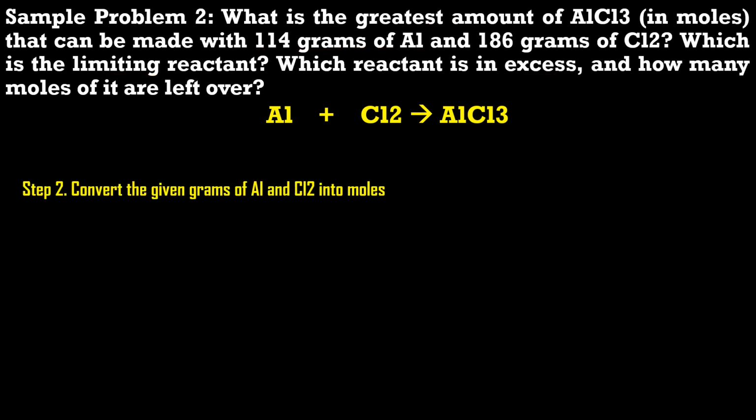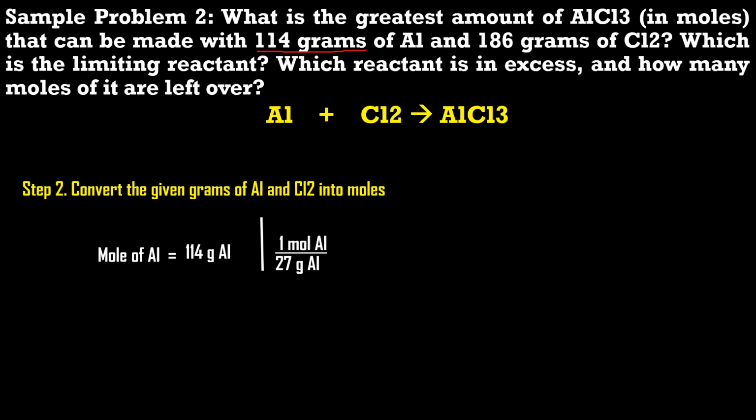So we have step number 2, wherein we will convert the given grams of aluminum and Cl2 into moles. For the moles of aluminum, these are the values we will be using: 114 grams aluminum, multiplied by 1 mole of aluminum over 27 grams of aluminum. The 114 grams of aluminum is the given amount indicated in the problem.